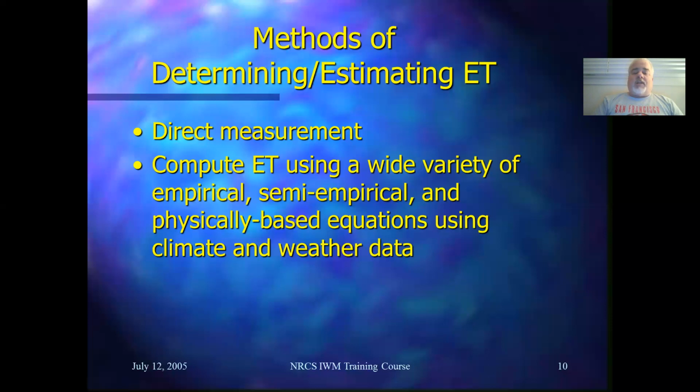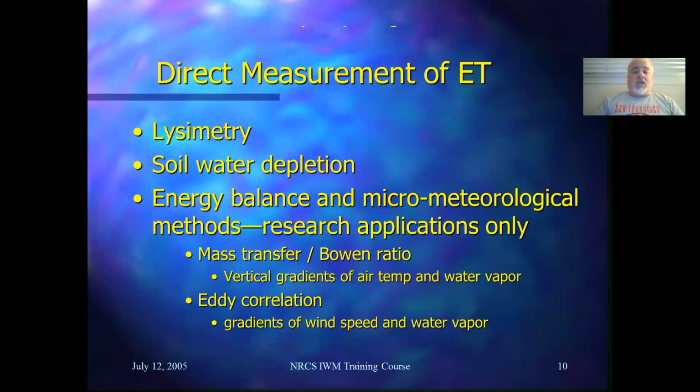But you put all of this together, throw it into a computer, and it will come back and say, all right, based on the data you fed me, we lost 0.13 inches of water out of the soil today. A little over a tenth of an inch, 0.13. That's just a number I threw out. Could be any number within reason, but that's what the mathematical model does.